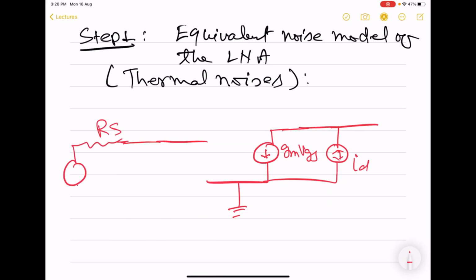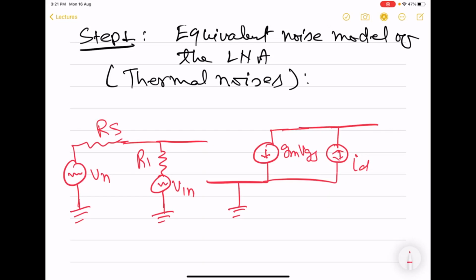So RS and its corresponding noise source, and here we have R1 and its corresponding noise source. So this is a complete noise source model of the LNA.